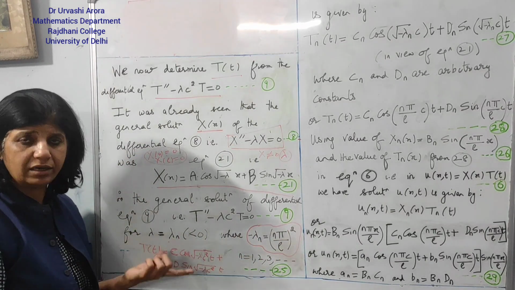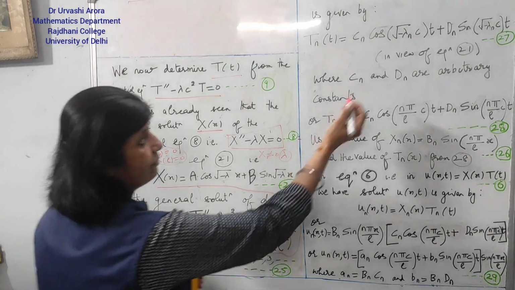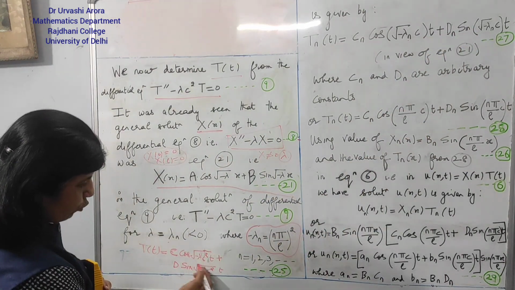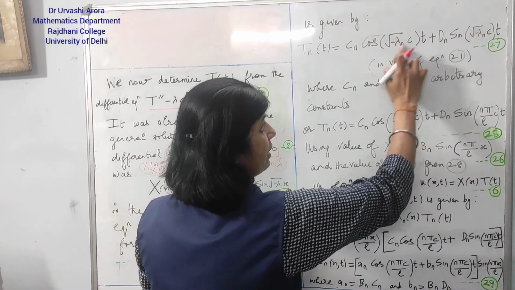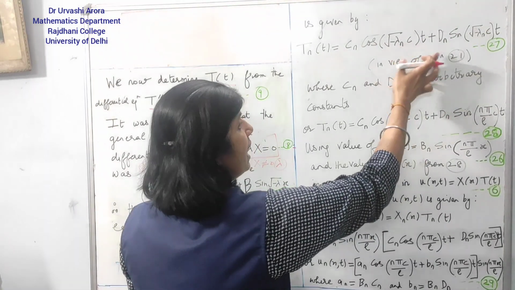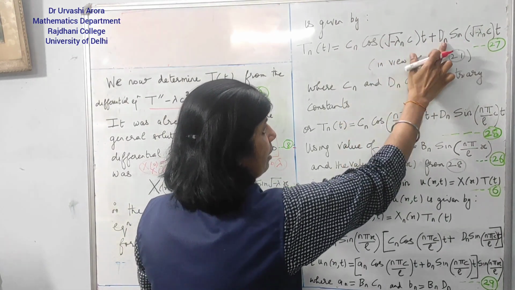So this has been done in the first part of the solution. These are the values of lambda n's that we take over here, and c square under root means that c comes out of the root. Instead of lambda I am writing under root of minus lambda n, and now corresponding to each value of n there will be arbitrary constants.